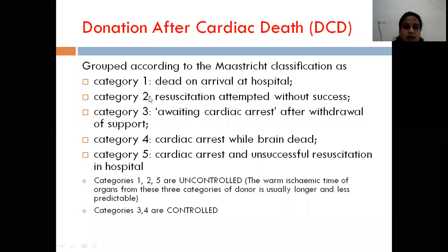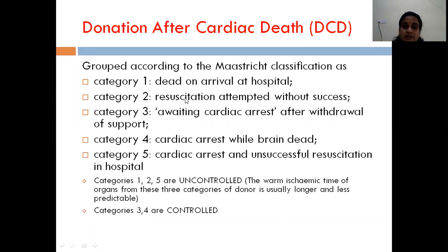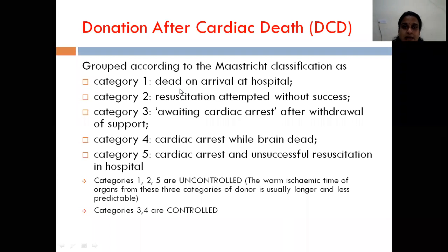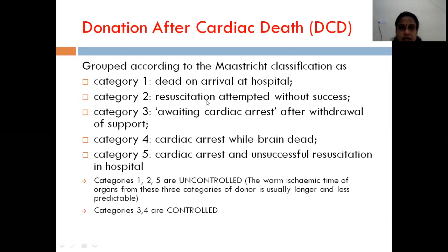So categories 1, 2, and 5 are uncontrolled. That is, we never know when the patient died relative to the time of presentation. When he was brought dead to the hospital, or how long resuscitation was continued, there's a warm ischemic time, that is the period from when he was diagnosed dead until we start procuring the organs.